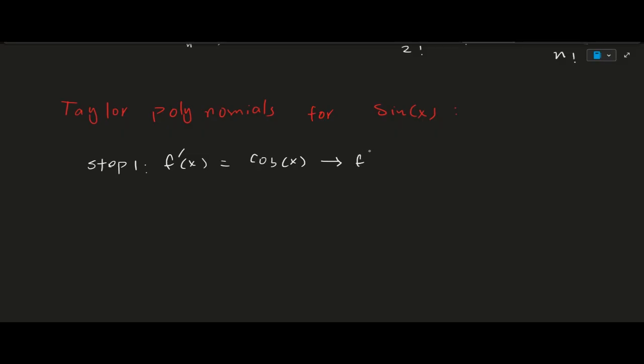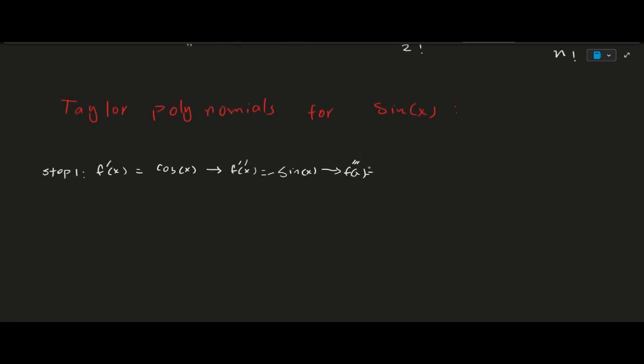Then f double prime of x is negative sine of x. Then f triple prime of x is negative cosine of x. And the fourth derivative of x is sine of x.